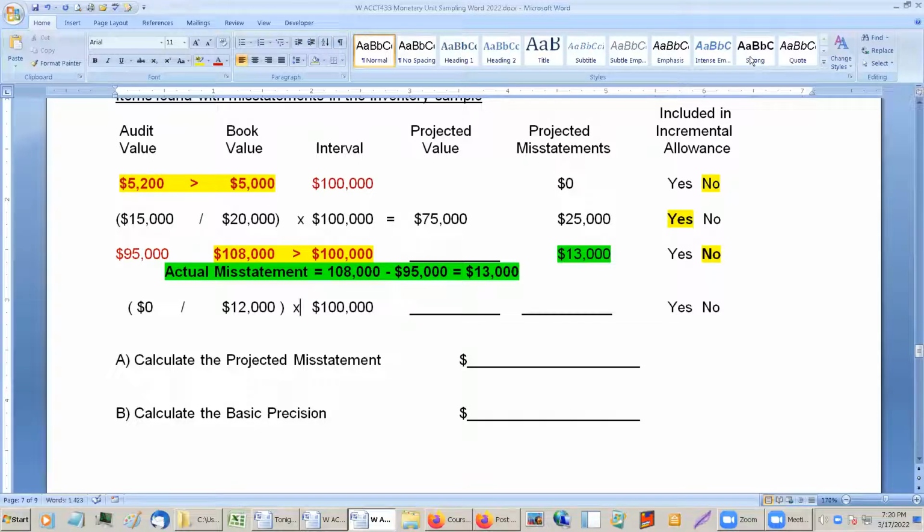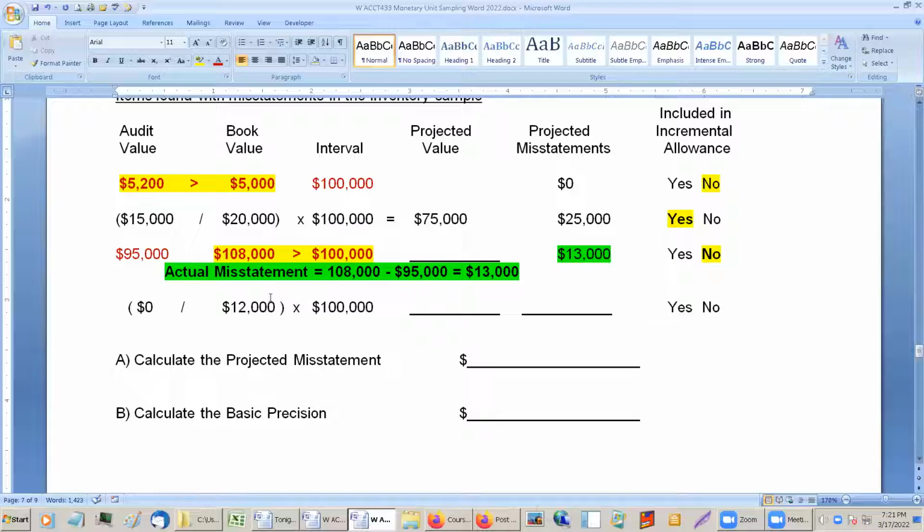Oh, by the way, they'll tell you that for monetary unit sampling, if there's a zero account for an account, you should look into why it's zero, which to me is kind of silly because you do that for every account. Why is it zero? The whole point of doing the audit is you can see what the actual should be.